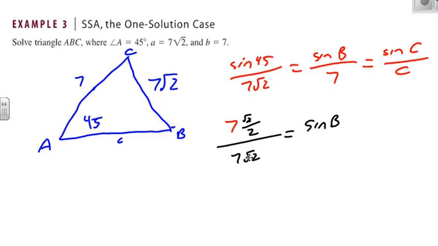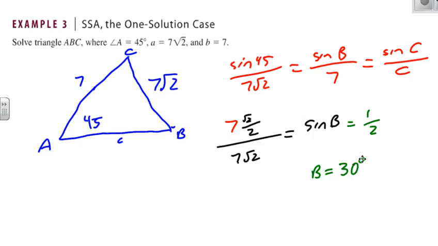Without doing anything, 7 square root of 2 over 7 square root of 2 is going to cancel, so we're left with just 1/2. And we can ask ourselves, when is sine 1/2? So if you work it backwards using the left-hand trick, that would be when your ring finger is down. Then sine is 1/2. And the degree of that would be 30 degrees.